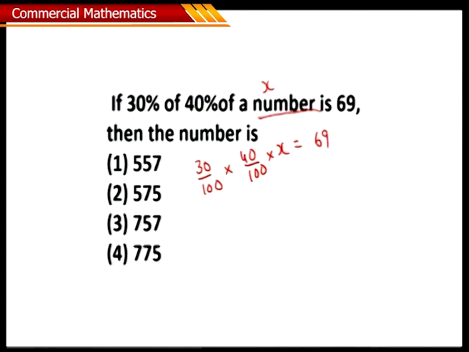What we have to find? The number. The number we already took as x, so simply this is an equation in one variable, and we have to find x. Here this 0 we can cancel, and x is equal to 69 into 10 by 3 into 10 by 4. 3 here goes 23 times, and 4 here goes 8 times.